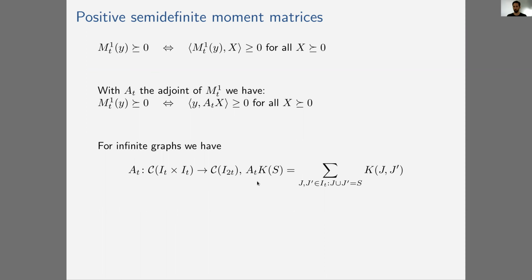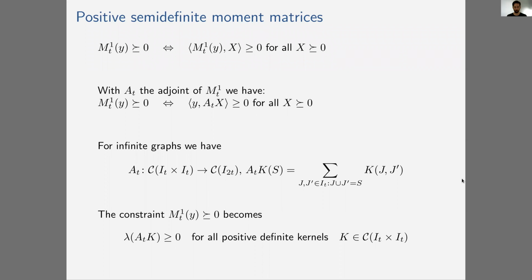If we apply A^T to K and evaluate at a set S in I_2t, then we have to compute the following sum: we sum over all J and J prime in I_t whose union is equal to S. Then the constraint for finite graphs that the moment matrix is positive semidefinite becomes the constraint that if we integrate this function A^T K against our measure, we want something non-negative for all positive definite kernels.